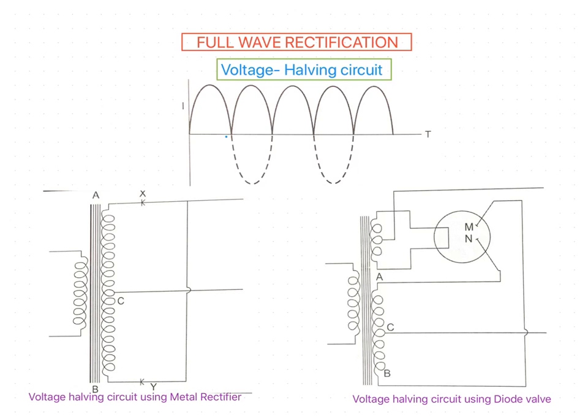In full wave rectification, the arrangement of the circuit is such that the direction of current is reversed during alternate half cycles of the alternating current.